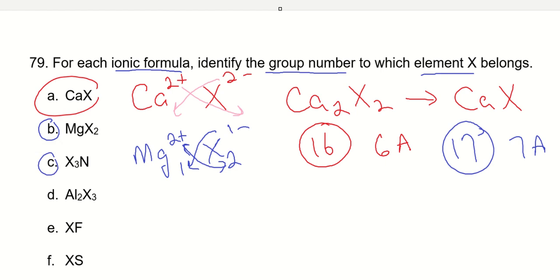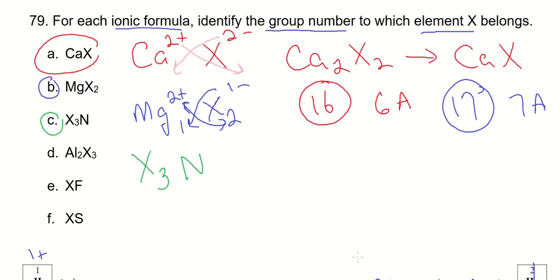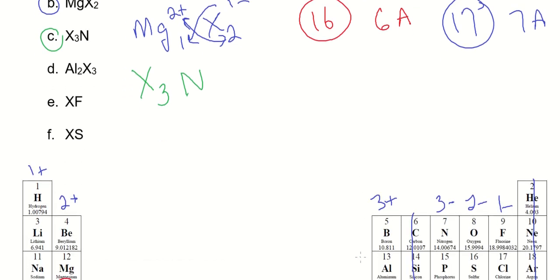All right, on to C. This time element X represents a metal cation. And notice the subscript is a 3. Now let's start with the anion, because we're given that, and we know nitrogen, being in group 15, has a most stable ion with a charge of 3 negative.